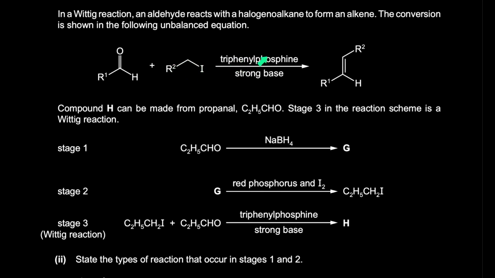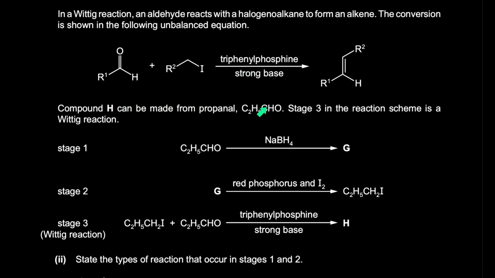In the presence of triphenylphosphine, that's what we saw in the previous part, and a strong base to form this type of a product. So the aldehyde is being converted into an alkene, okay, using a halogenoalkane. Aldehyde and halogenoalkane are being converted into an alkene. Don't worry about how this reaction works, we're just going to see how it works. This is not a reaction that they expect you to know beforehand.